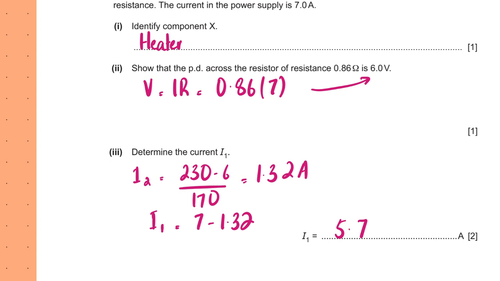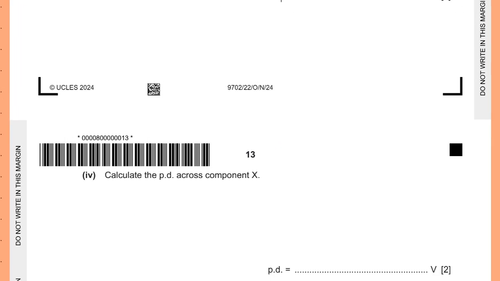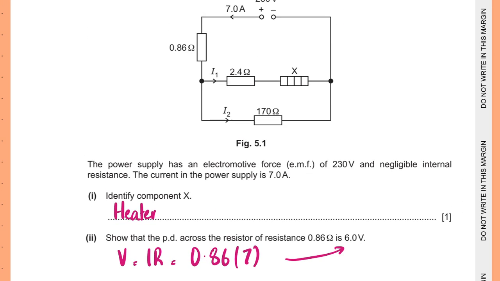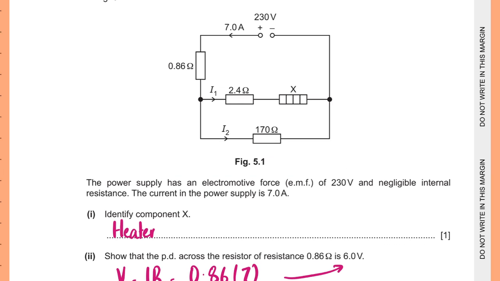Calculate the potential difference across component X. So now that I know I1, I know that this is the current flowing, which was 5.7, and I know that the potential difference across here is 224, right? So the sum of this drop plus this drop is going to be equal to 224.